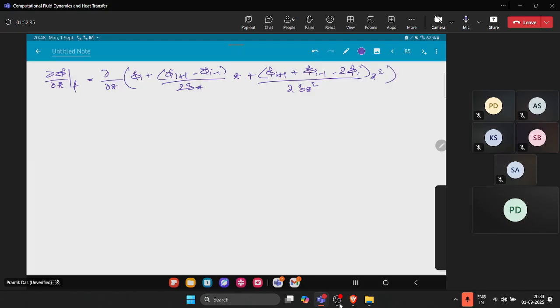This is equal to d phi dx at f equal to (phi I plus 1 minus phi I minus 1) divided by 2 delta x, and plus (phi I plus 1 plus phi I minus 1 minus 2 phi I) divided by delta x square multiplied by x.